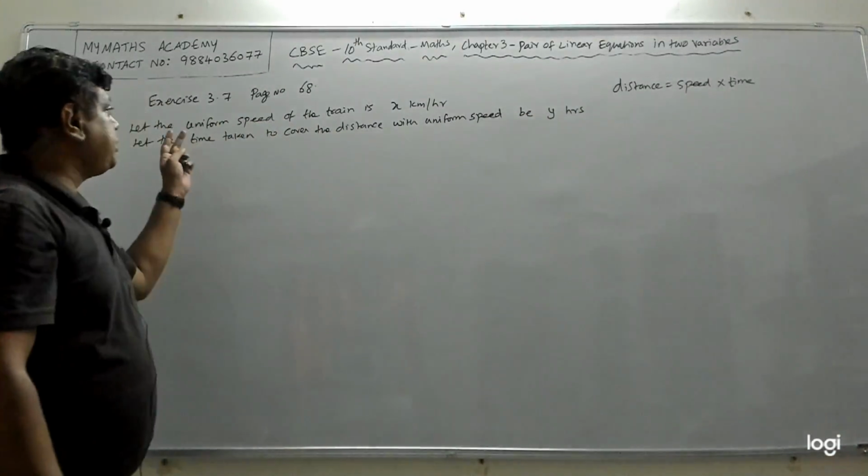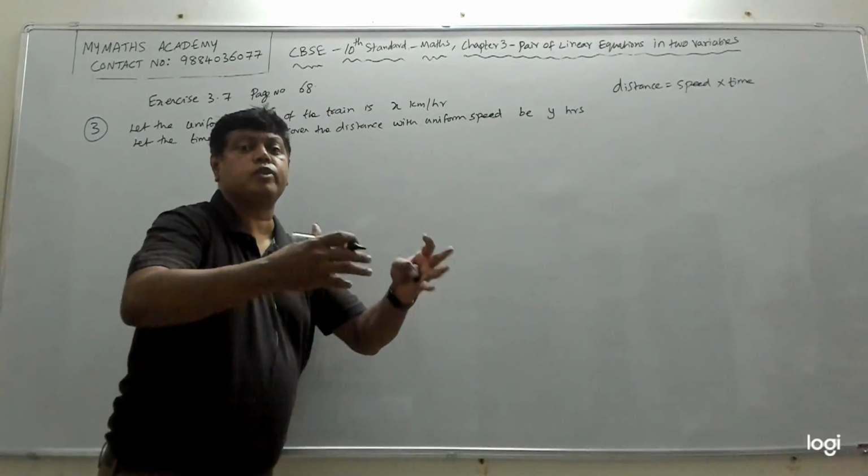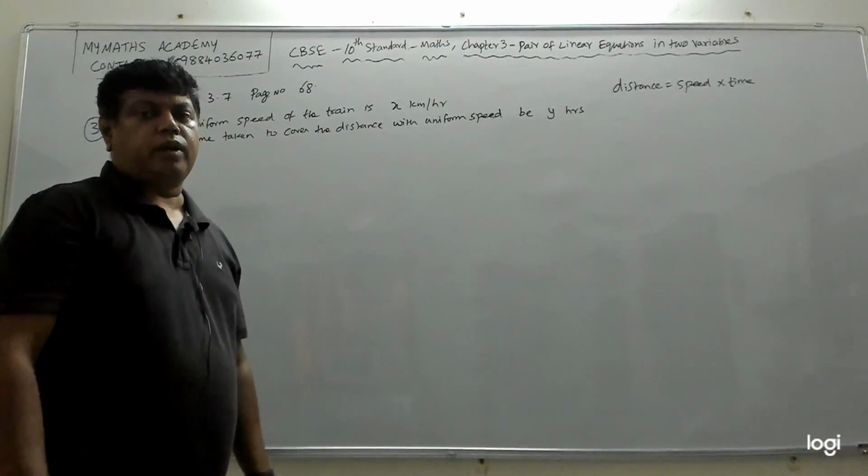So which means the speed is x km per hour and it takes y hours to cover a certain distance.